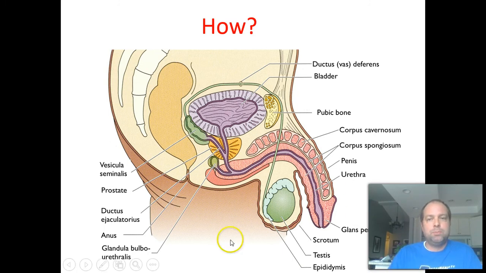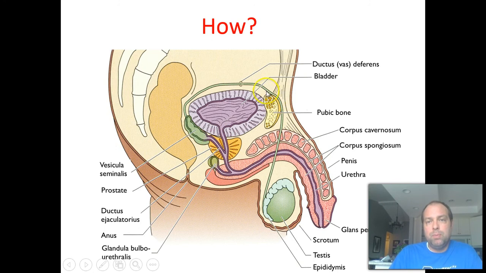And as I said, the sperm are produced in the testes where they go to the epididymis, and then they leave through the vas deferens in a process called ejaculation. We have sperm right here. Then it mixes with fluids in these glands. One of these glands is the prostate gland. You probably heard commercials about the prostate gland.